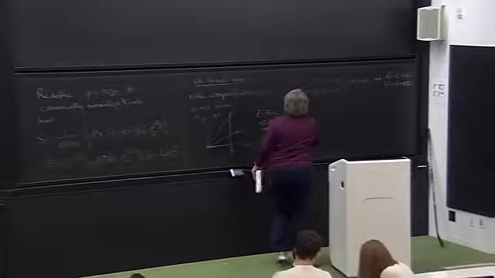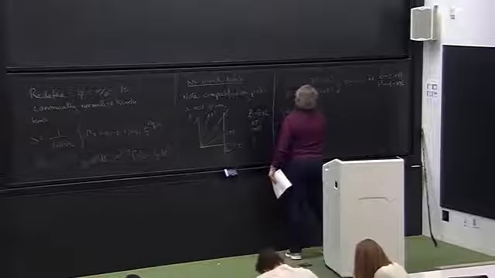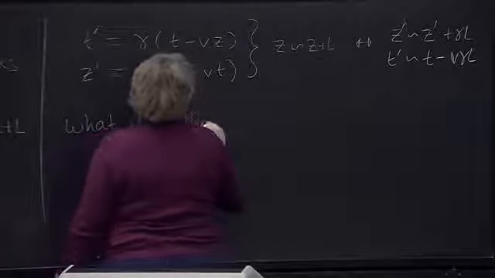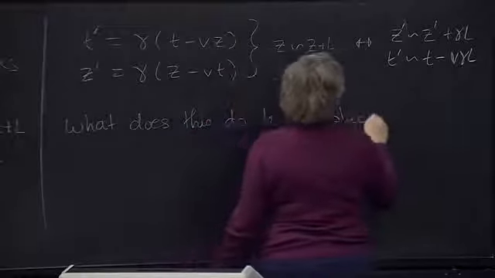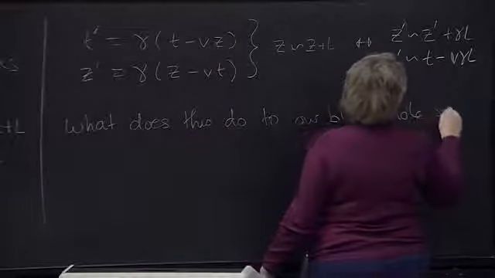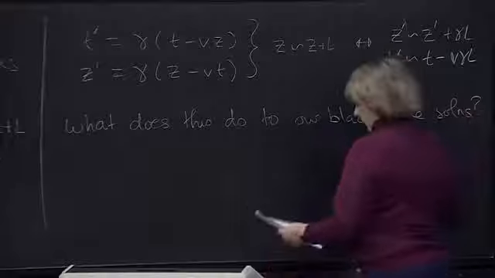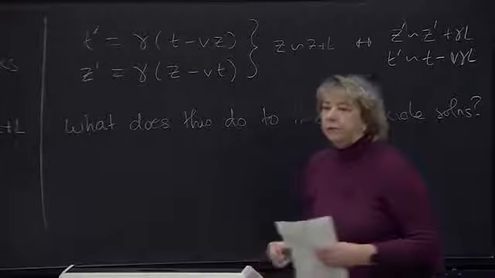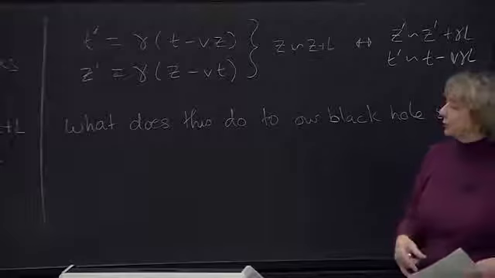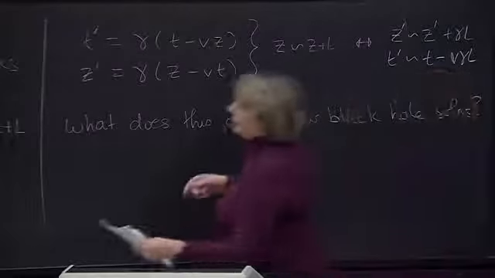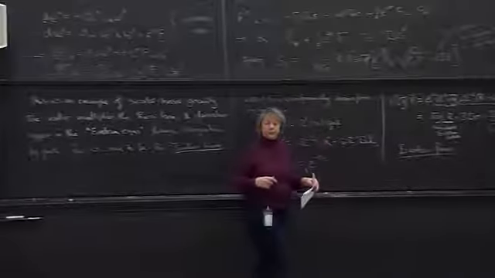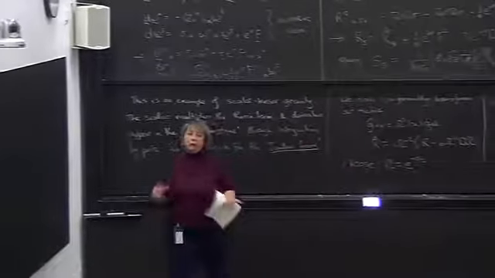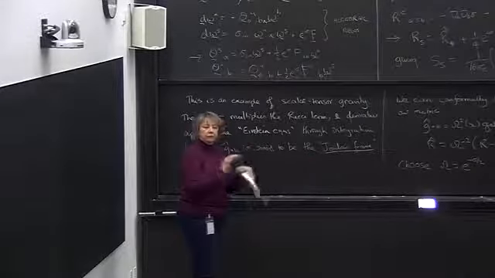So what does this do to our black hole solutions? Well, let's start by getting a black hole solution, or rather a black brane solution, because we started off by saying our geometry couldn't depend on the extra dimension. So I can't have a black hole in the 5 dimensions.